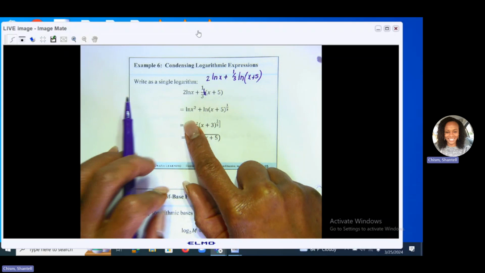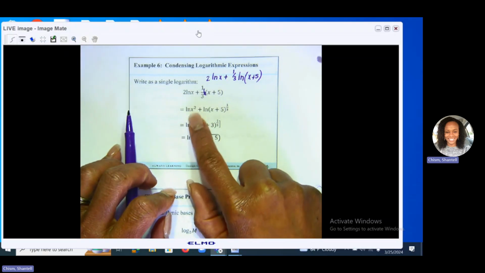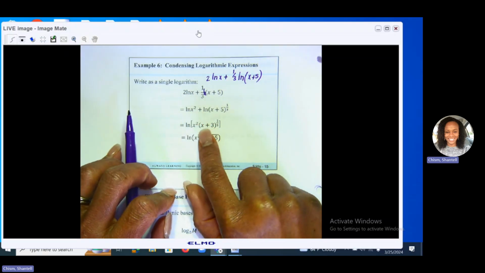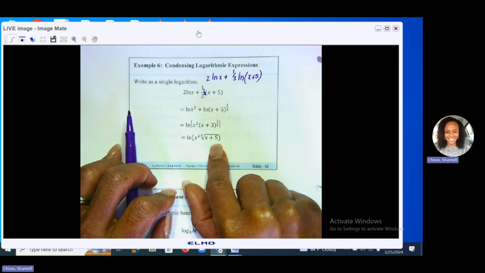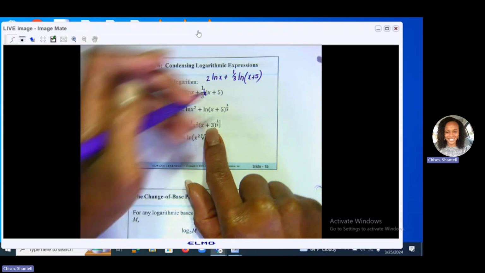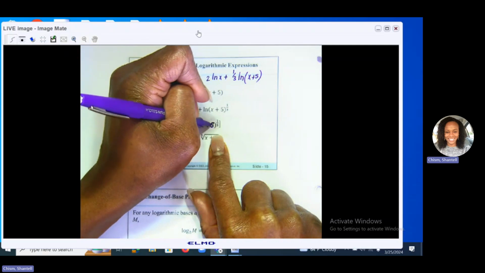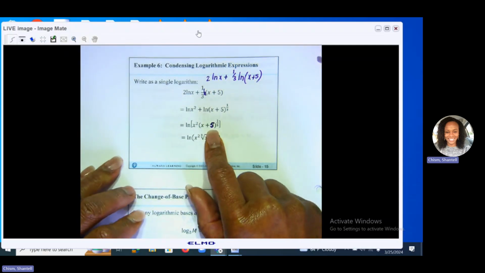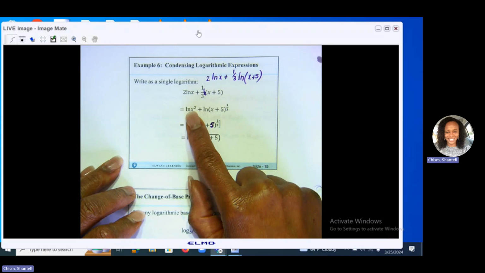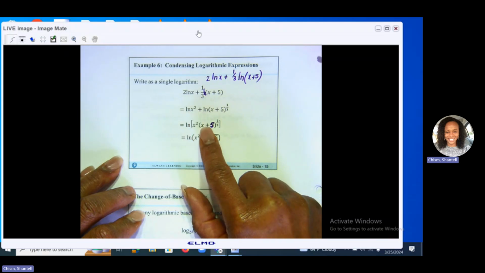So we're condensing it down, so this becomes the ln of x squared times x plus 5 to the 1/3 power. I apologize, you guys, I put a 3 here earlier and that's supposed to be a 5.